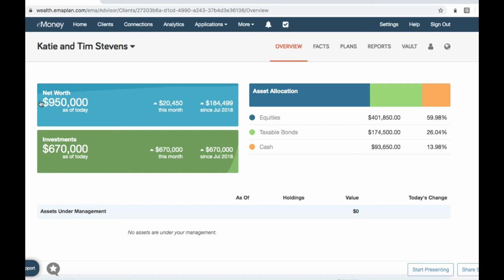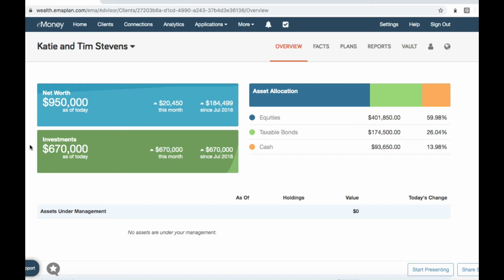As you see, when you pop on here, you can see net worth. That's an aggregate of all the accounts. You can see investments because with net worth, you may have bank account balances. You may have CDs, or you may have checking or savings or money market. That'll fall into the net worth. Investments are going to be more at a brokerage firm.